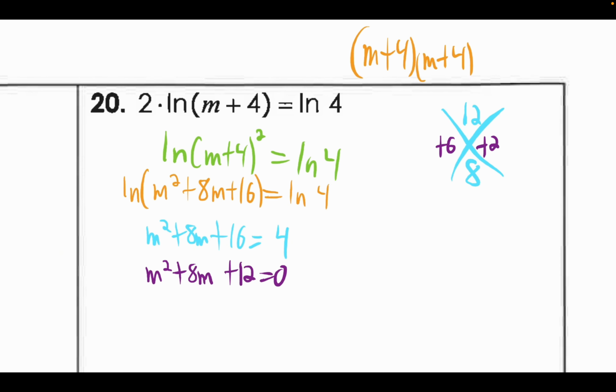And I check, can I do my shortcut? And sure enough, I thankfully can do my shortcut here since it's the 1m squared. I can do m plus 6, m plus 2 equals 0. And so I can do m plus 6 equals 0, m plus 2 equals 0.